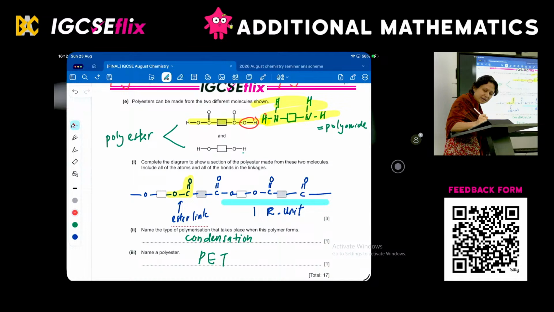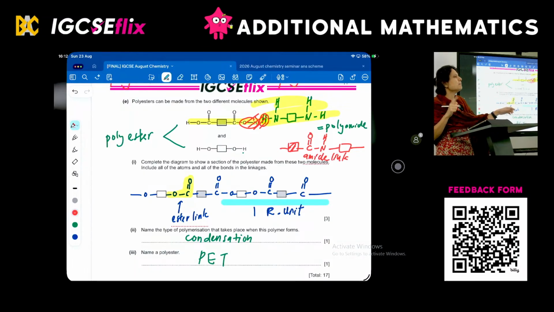OH and H get together, become water. Okay? The only difference is the bond will look like this. C, O, and H. Get it? Same concept. Instead of COO, it is CONH. This is called an amide link.